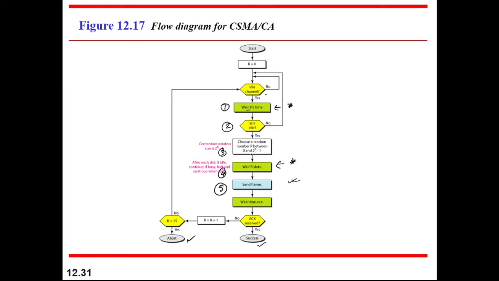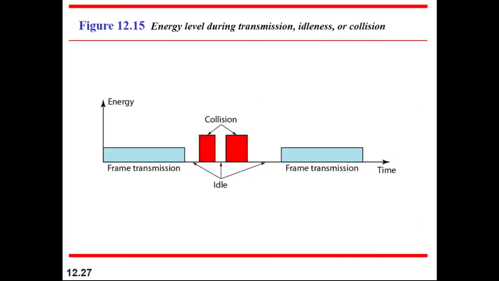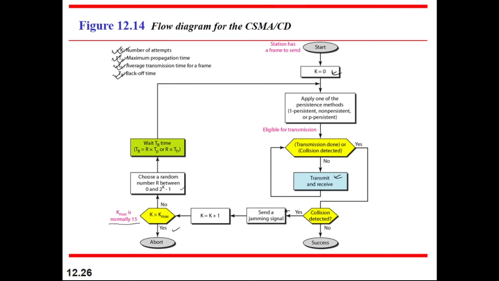This is the contention window size, which you learned about before. After waiting for r slots, you can send the frame. So there are two waiting times.